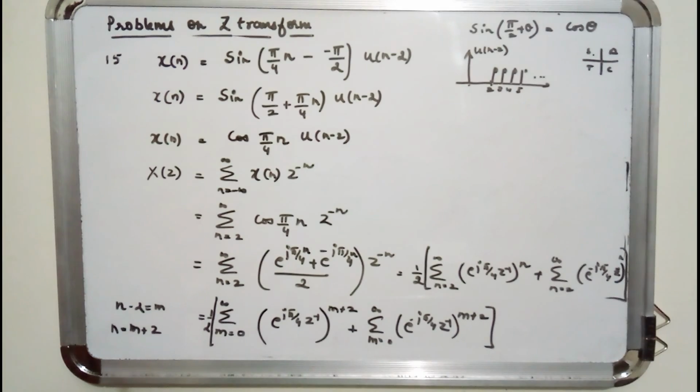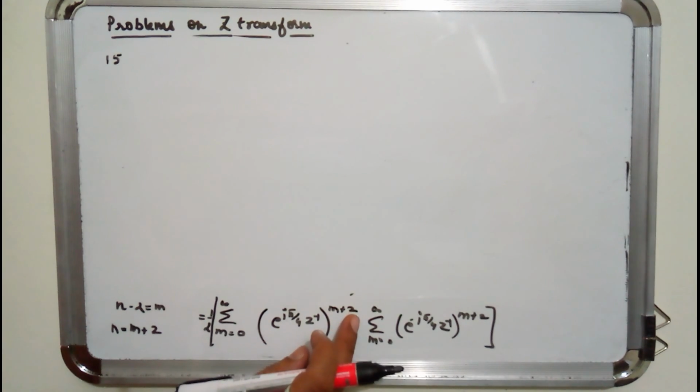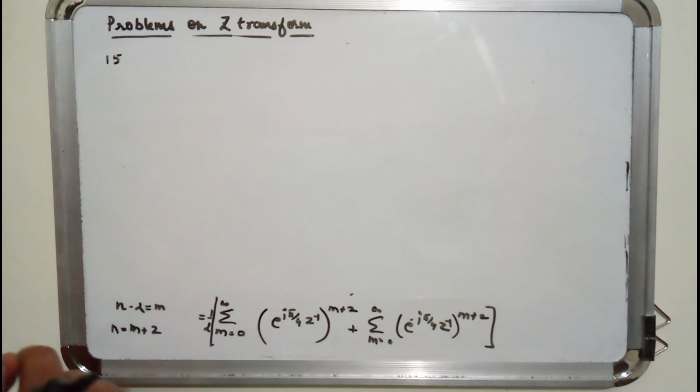So this is what I'll be getting, and I need to simplify this further, so I'll rub this off. Now here e power j pi by 4 z inverse power 2 is a constant.